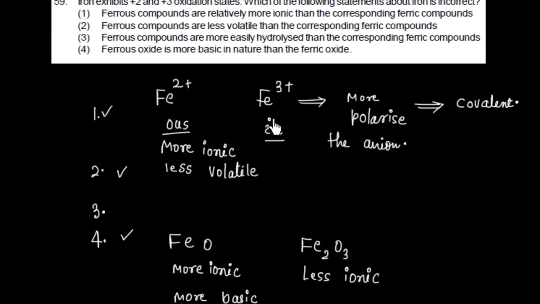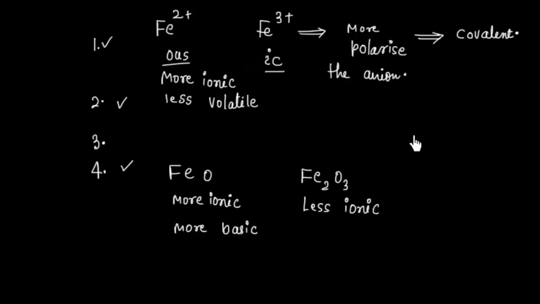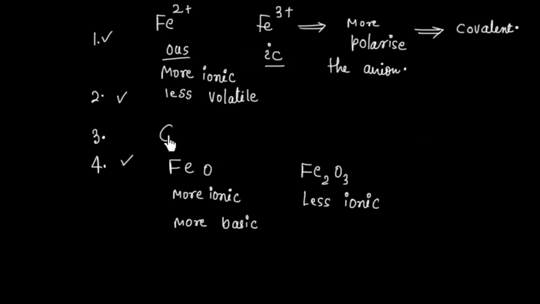Now we have only option 3. Even if we did not know the answer, this has to be the correct choice. Ferrous compounds are more easily hydrolyzed than corresponding ferric compounds. This is basically not true. Ferrous compounds are ionic. Generally covalent compounds are easily hydrolyzed.